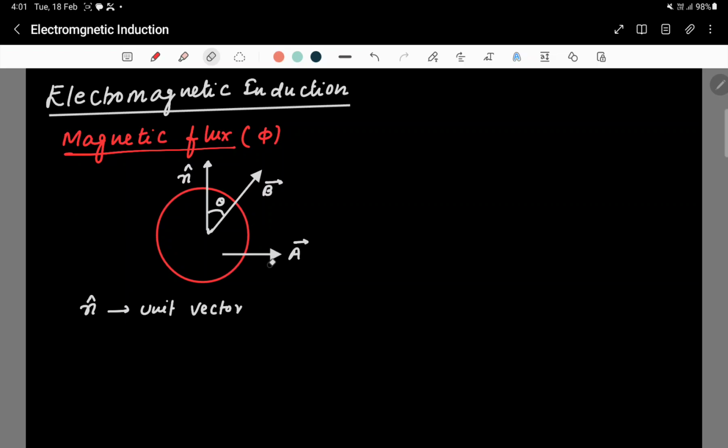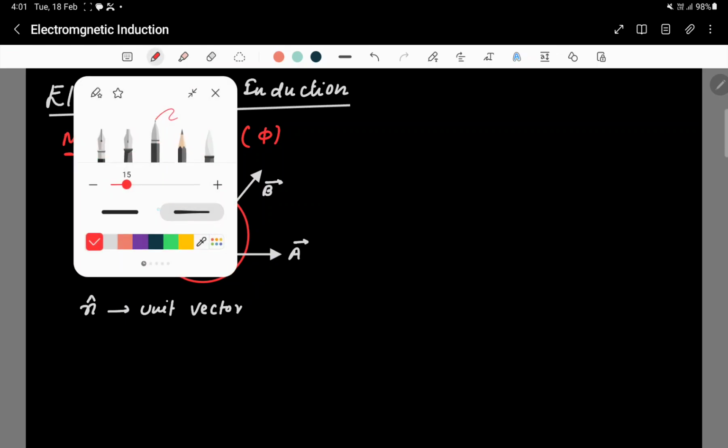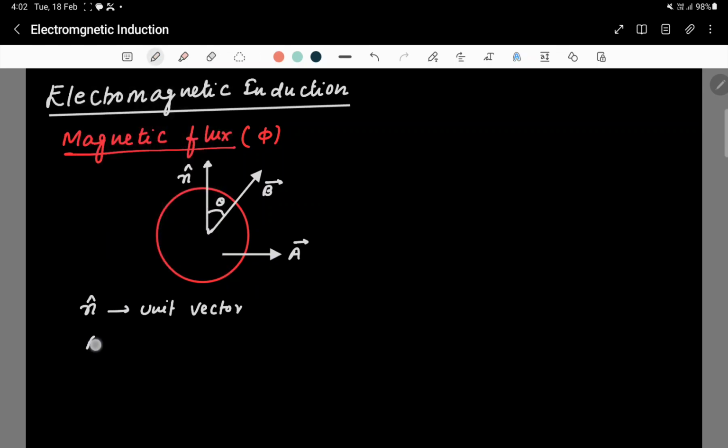Now see this one. This one is surface area. A is the surface area and n vector is the unit vector, and A vector is the surface area. What is this? This is the surface area, and this one is a magnetic field.